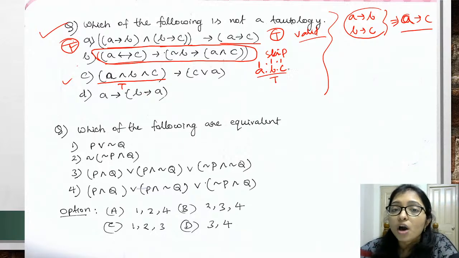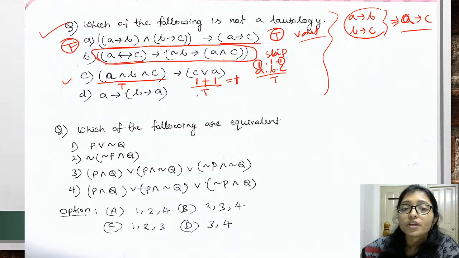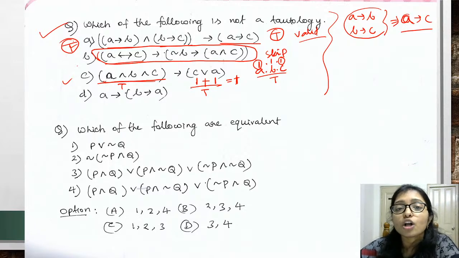Now from here you get that A is 1 and C is 1. So if C is 1 and A is 1 and there is the OR, it will be definitely 1, right? It will be definitely 1, that is true. So both are true. If this is true, then also this is true, right?